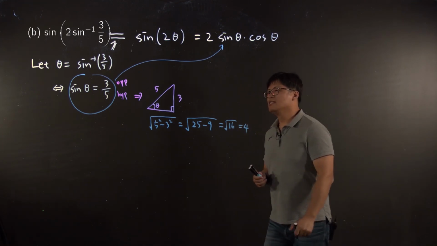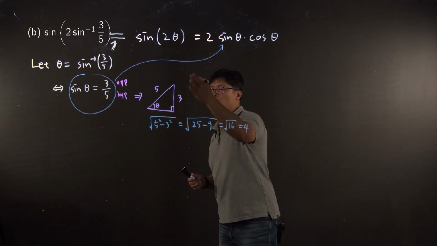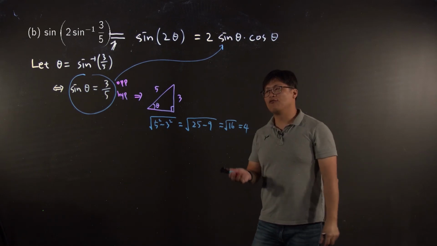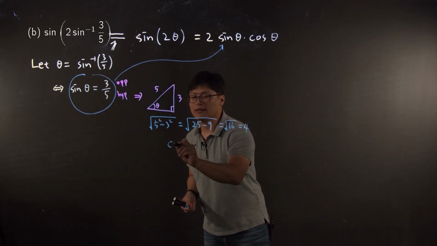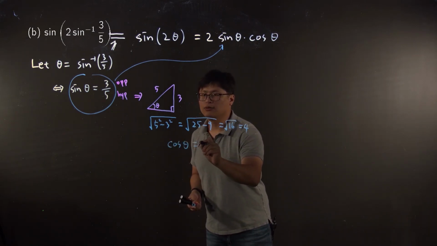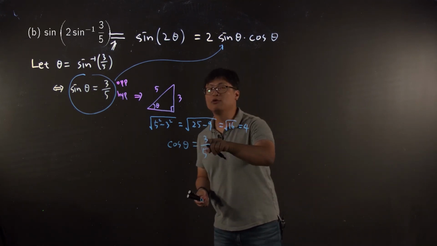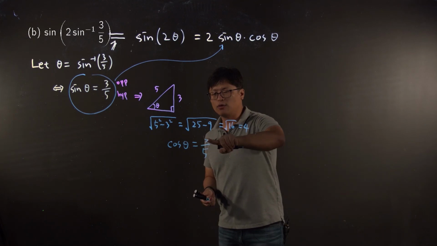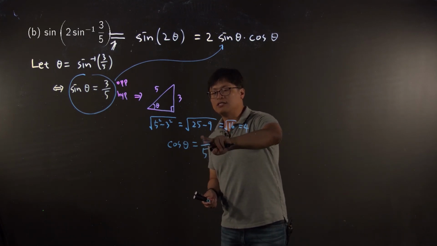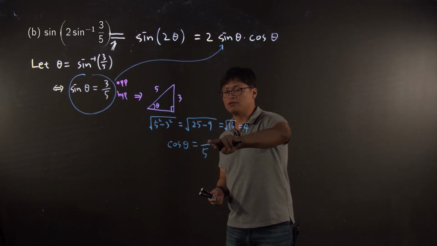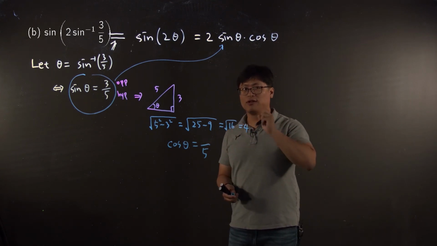Since we know all the dimensions of the right triangle, it's really easy to find cosine theta. What is cosine theta then? Opposite 3 over hypotenuse. Oh, no. If you do it this way, it is wrong. Cosine is adjacent over hypotenuse. That's why your high school study is important.